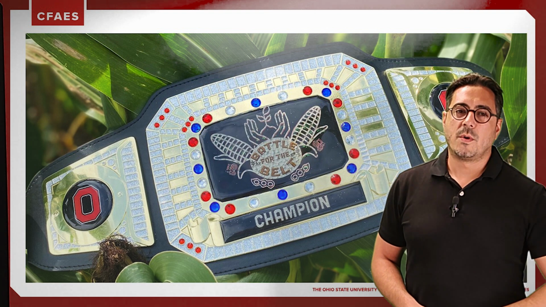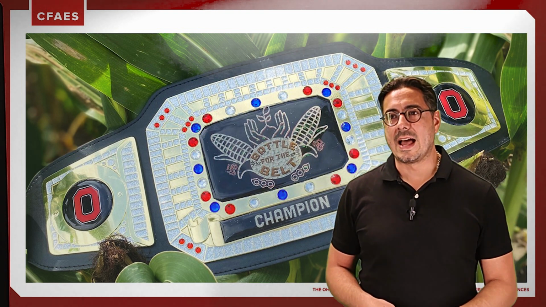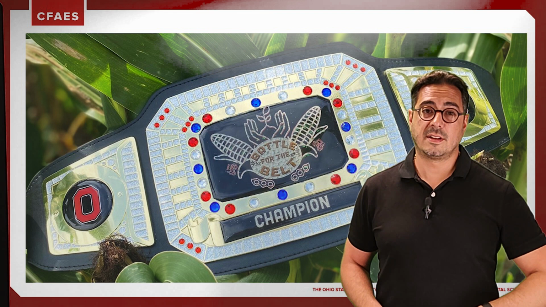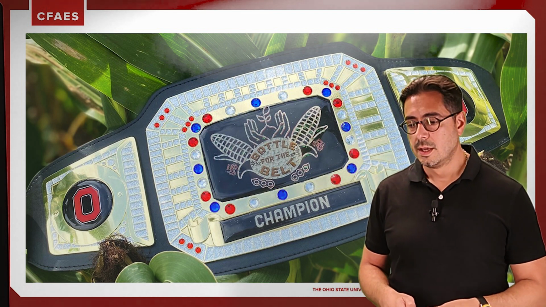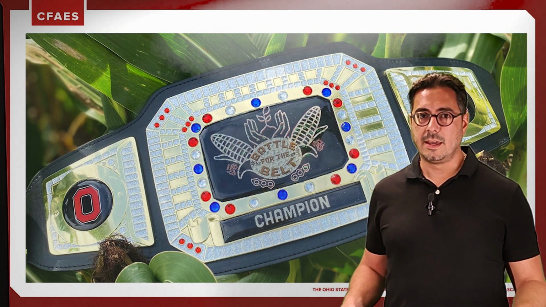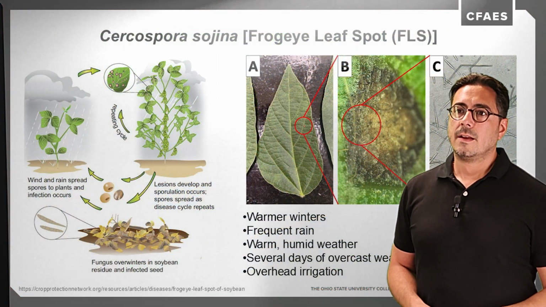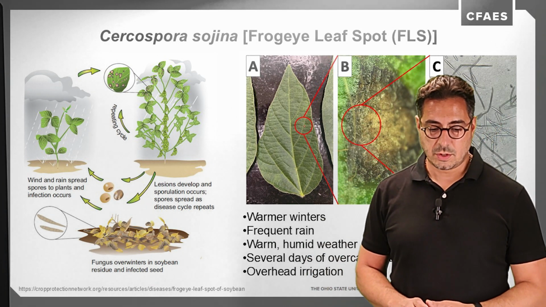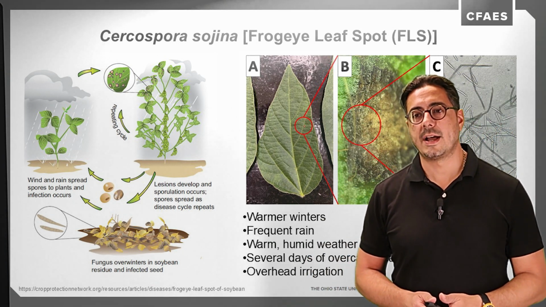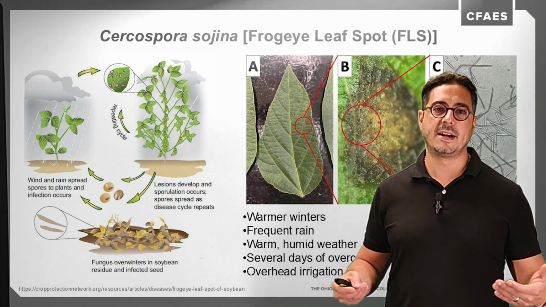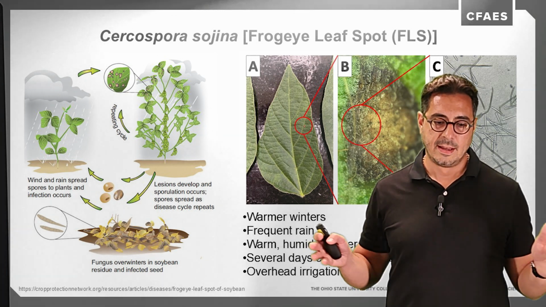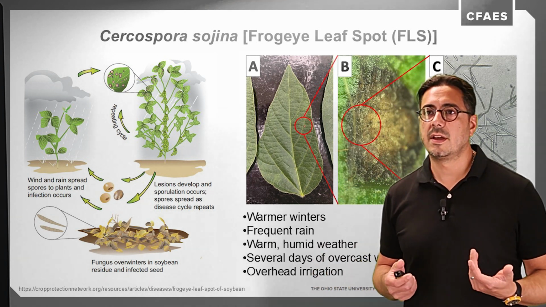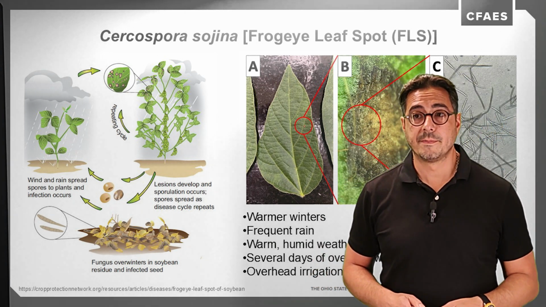And today I want to give a mid-season update of the soybean diseases that we may encounter as we continue walking our fields. The typical and most common ones that we may encounter in Ohio when we're starting to get into that reproductive stage of our soybeans is frog-eye leaf spot.